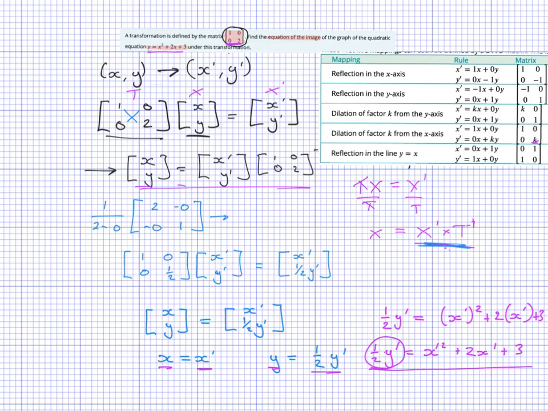But the process allows us to see simpler ways of doing more complex problems, even though this one was a pretty simple question. So to recap, the first thing we need to know is what the transformation matrix is and what the original function is. We set it up as just being points. We go through the process.